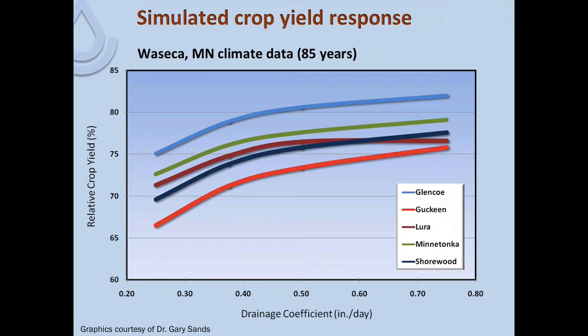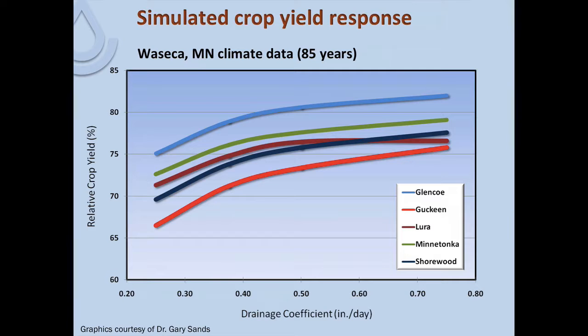So here's some example data from Waseca, Minnesota, using 85 years of climate data from the Waseca area. And we can look at, for some different soil types here, what the response of the crop is to that drainage.